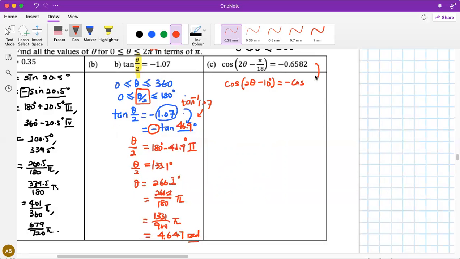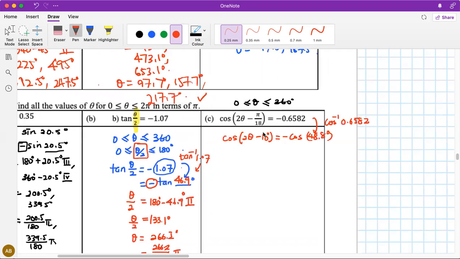Use the calculator, press shift cos 0.6582, and you get 48.8 degrees. Okay.